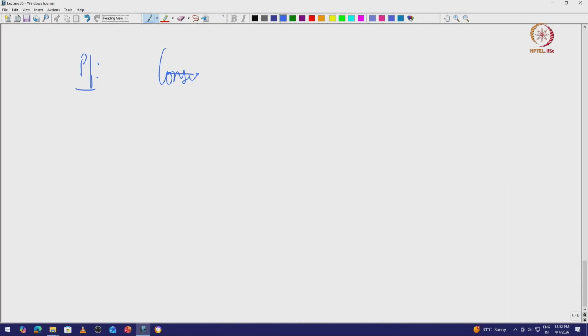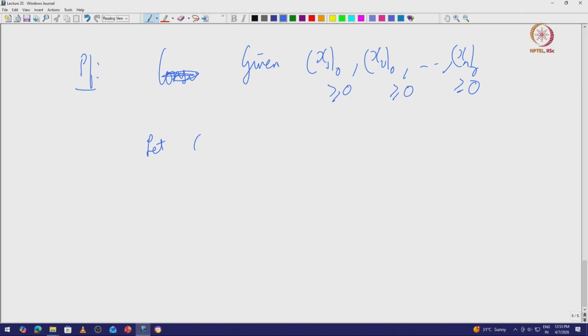So, given x1 naught, x2 naught, so on until xn naught, all greater than or equal to 0, let C be equal to x1 naught plus x2 naught plus so on until xn naught.